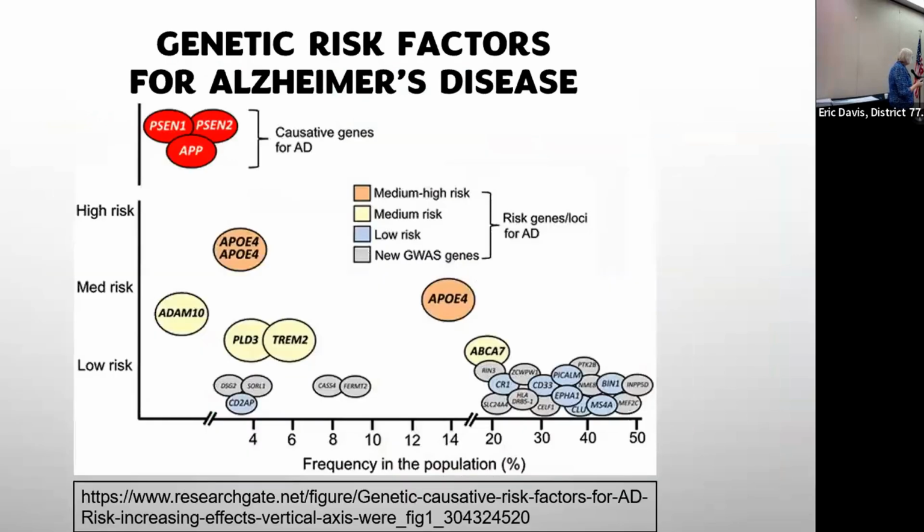So I forgot to tell you too, these are all the genes that cause increased risk. But recently, in the last year, we've been finding newer genes that are protective against Alzheimer's disease.